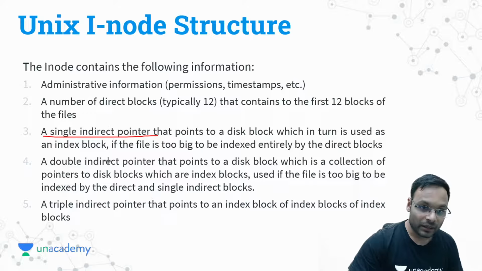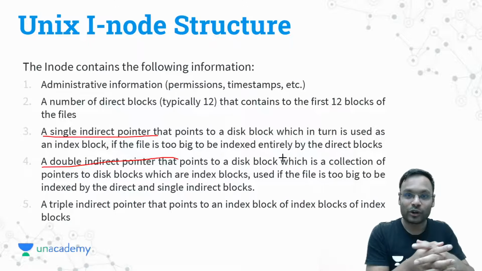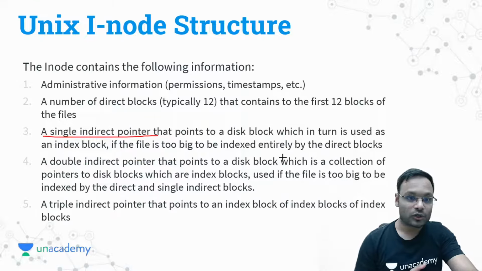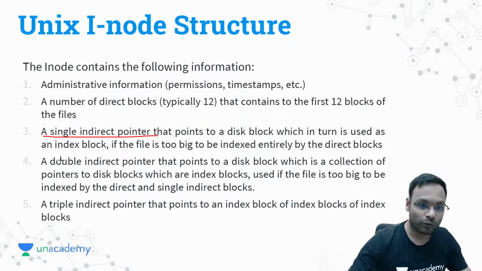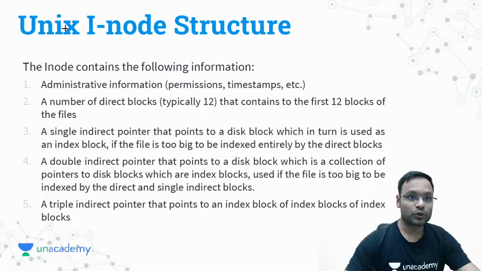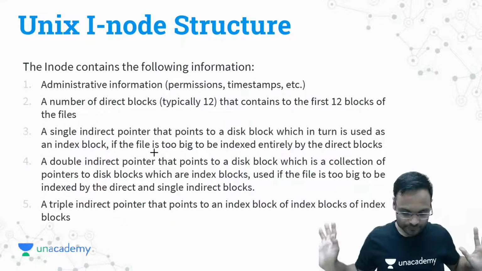Then a double indirect pointer: if with the single indirect pointer we cannot store the entire file, then we will have to go for a double indirect pointer also, and a triple indirect pointer is also there if up to 2 levels you are not able to store the entire file.